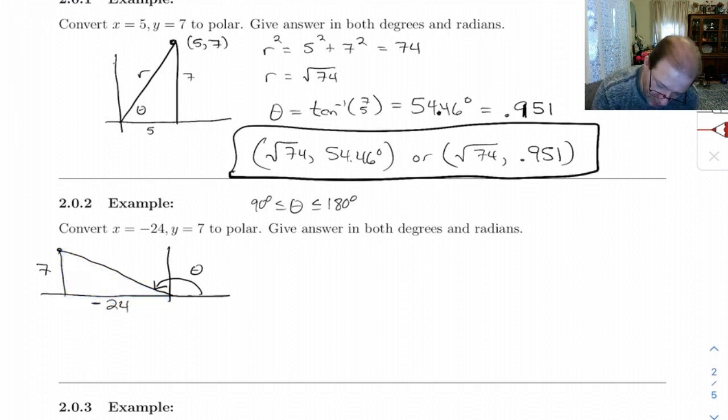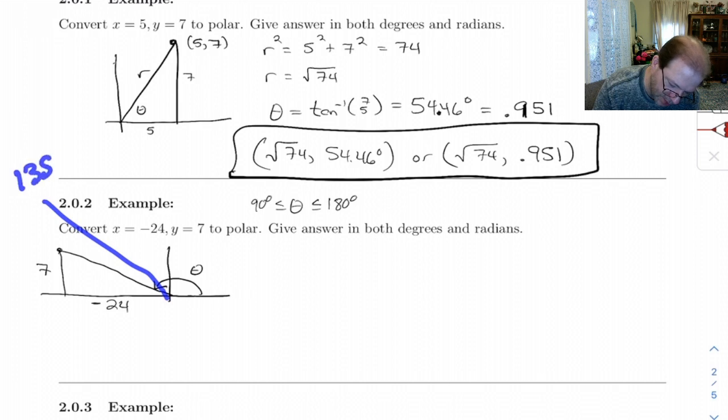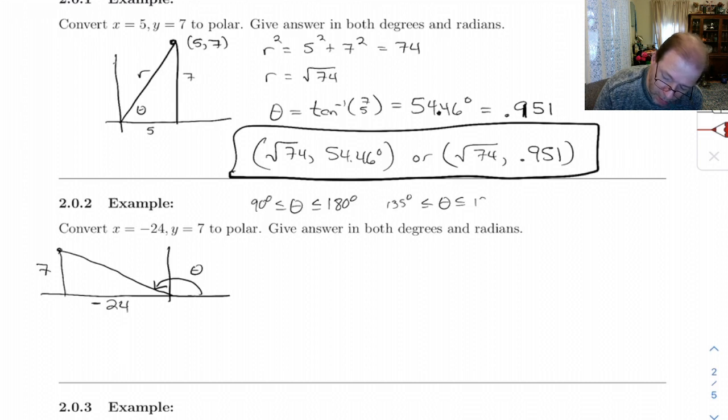So I could go further and say, let's see, this 45-degree angle up here would be 135. So I guess I could go further and say that theta is between 135 and 180. And I'm just doing that because it's good to have an idea of what your answer should be.